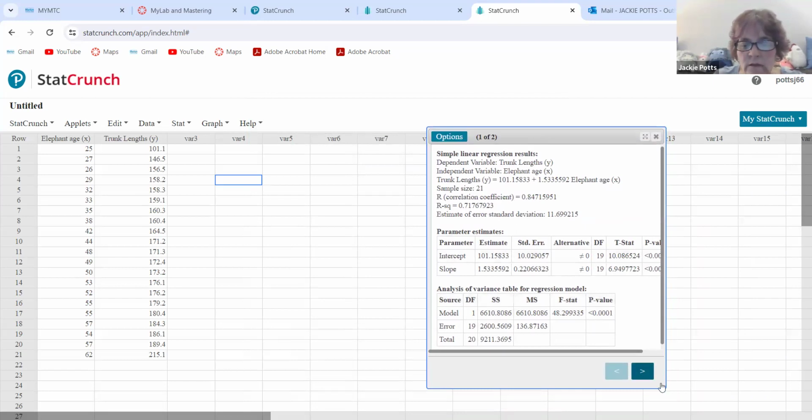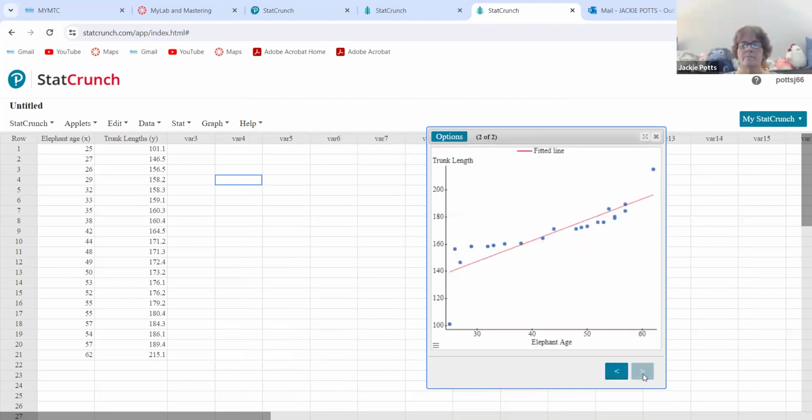Now, look at this. You notice all I did was I hit to the right. And it is showing me my scatter plot with a line through it. I typically do not like students going straight to this because guess what?